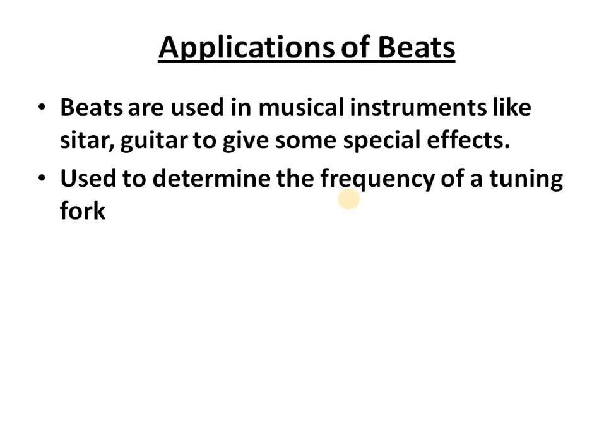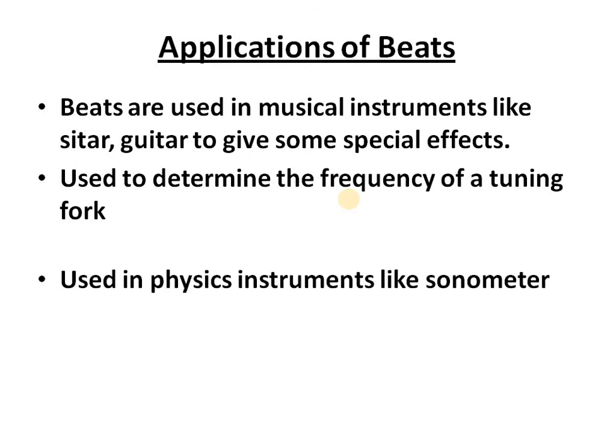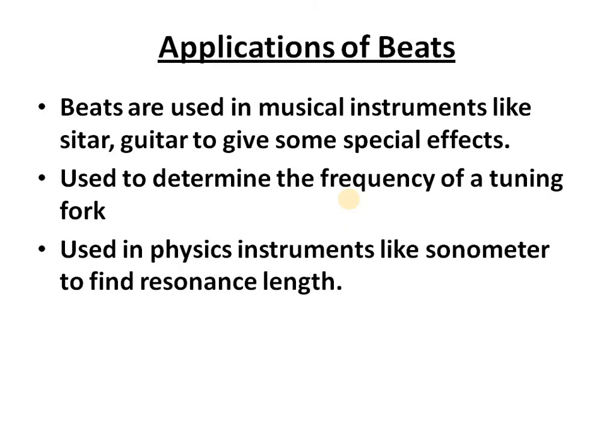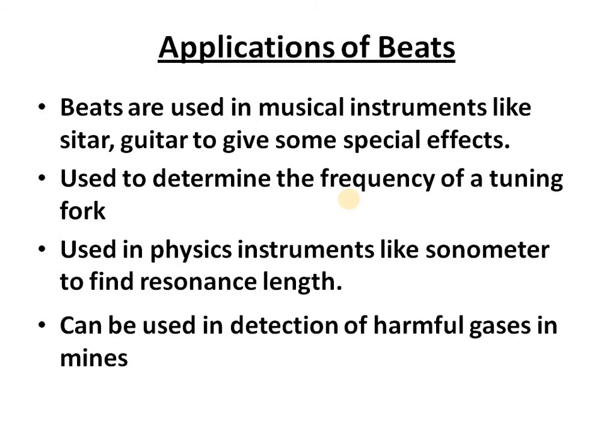We have a numerical problem like that, which we will do, in which this concept is used. And this is also used in instruments like a sonometer. Okay, the sonometer is a very important device used in the physics lab to calculate the resonance length and even sound velocity. We use the concept of beat formation.